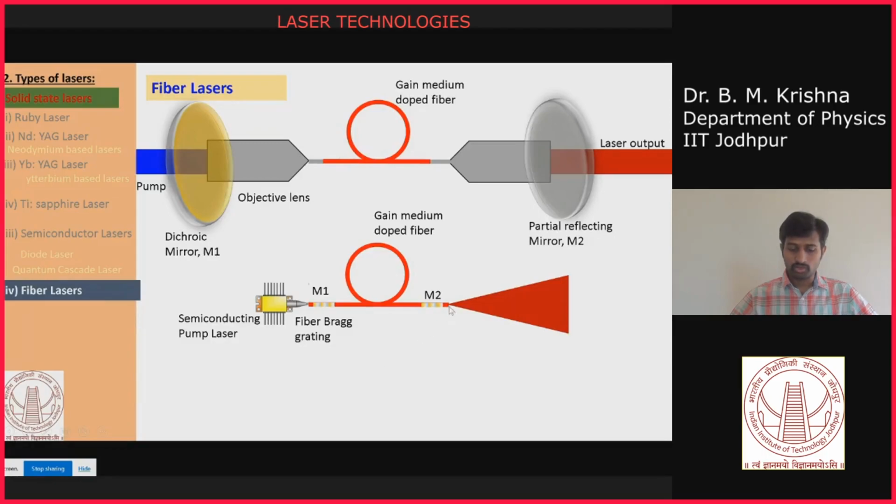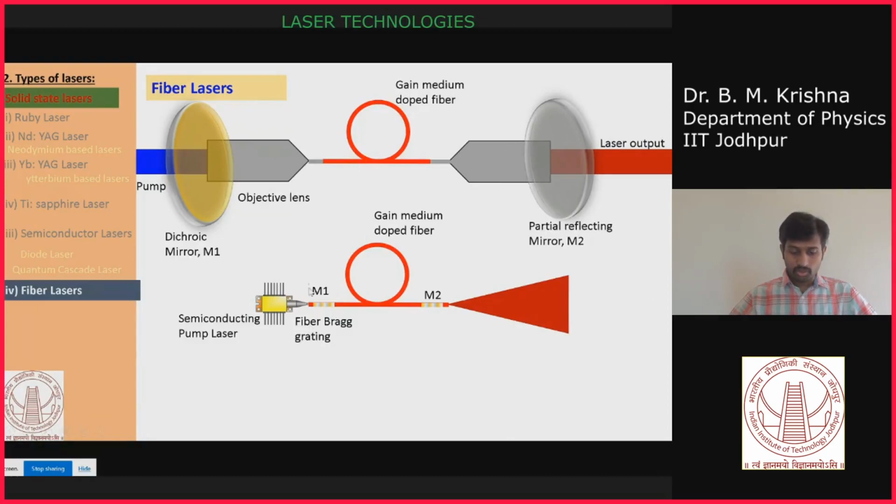As we know, when you have a tight focus with a beam spot size in microns, when it comes out it always diffracts, which means you have a large divergence. This divergence can be collected using a lens, which you can use as a collimating lens. With different combinations you can have whichever beam size you want.